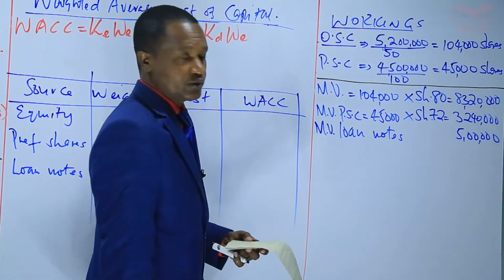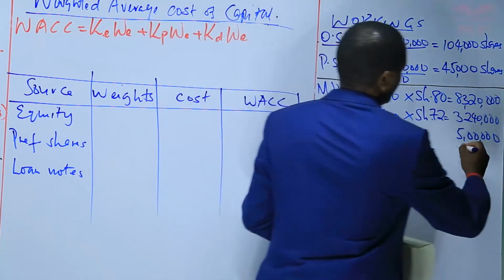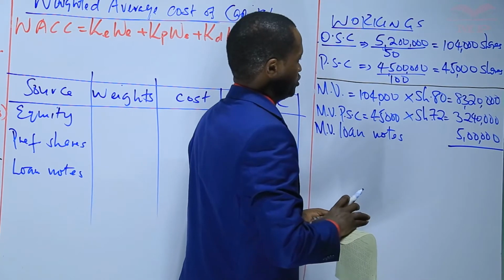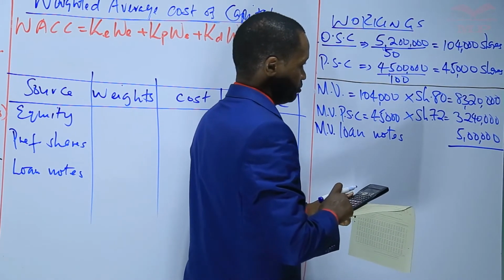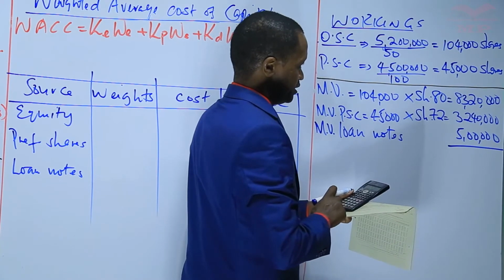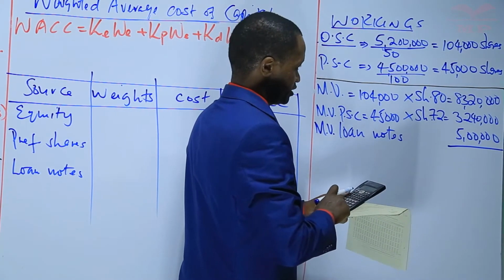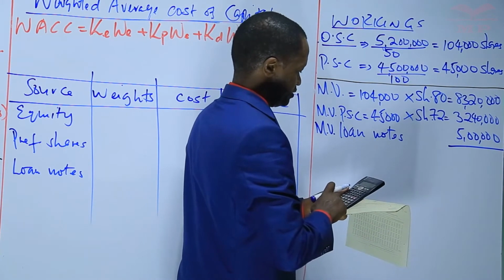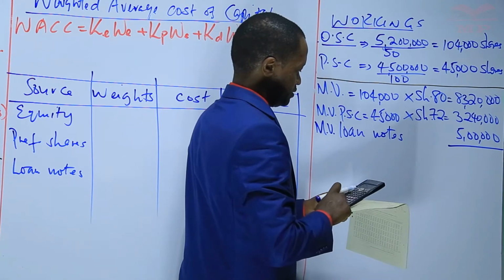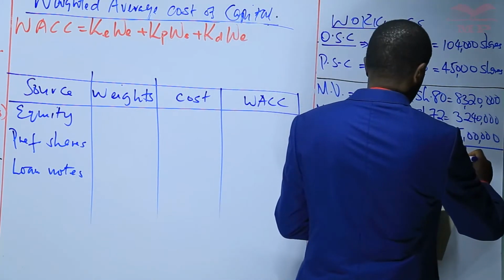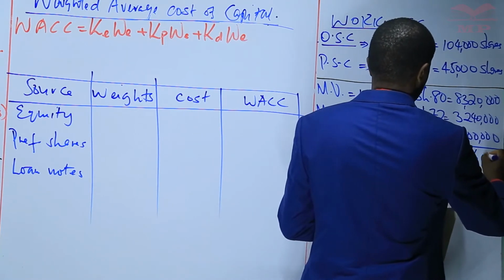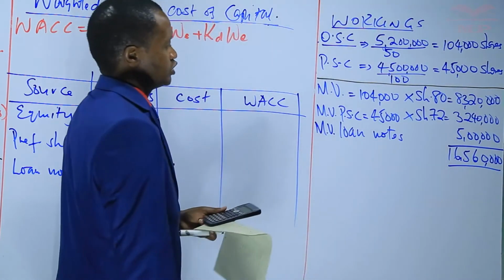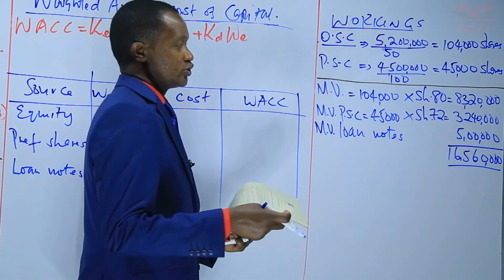This total will give us the total market value upon which to base the weights. 8,320 plus 3,240 plus 5,000 is 16,560. That is the total market value of the three sources.